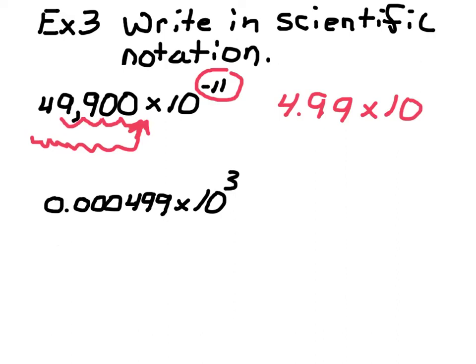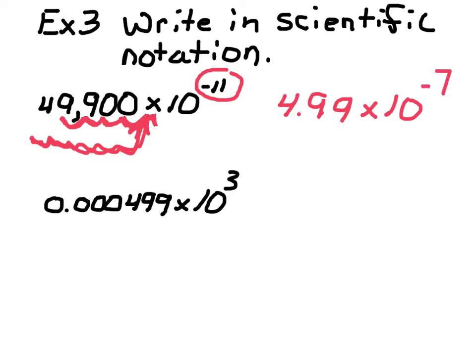Now we've got to figure out how we adjust the exponent. Now since the decimal was moved 11 places from the left to get to right there, I'm going to move it back 1, 2, 3, 4. So it's not moving as much, right? I move it back 4. So if you're at a negative 11 on the number line and you're not moving it 11 places, well, it's a negative 7 then.